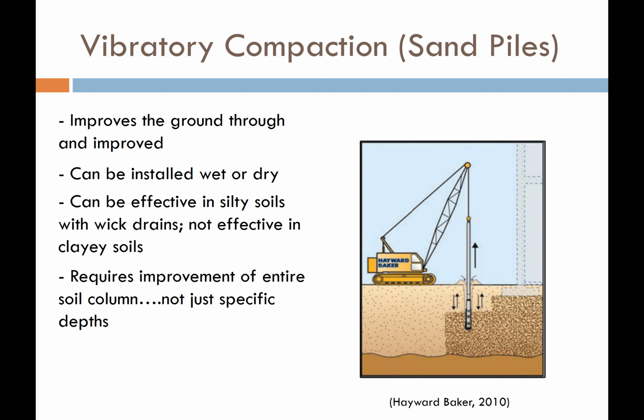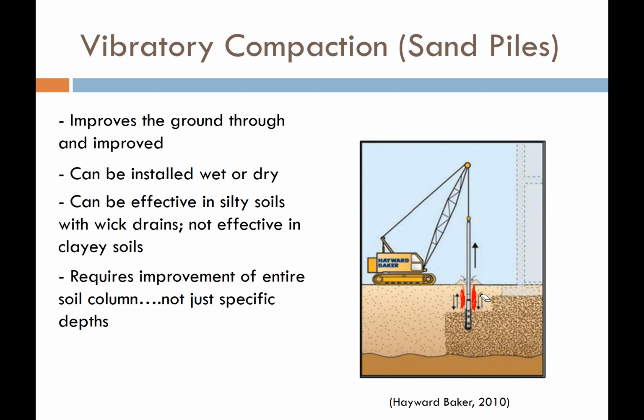So the first one is vibratory compaction, and sometimes we call these sand piles. With this, we have a crane set up that lowers what's called a vibro-float, a vibro-flotation device. It's just a giant vibrator that we lower down in the ground, and it vibrates and densifies and compacts the sand in the vicinity of the vibration device.